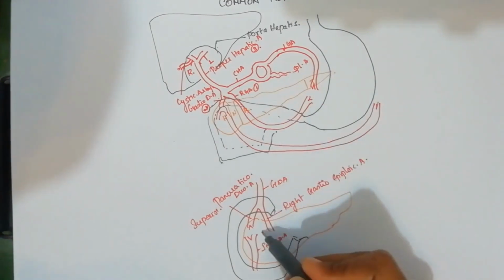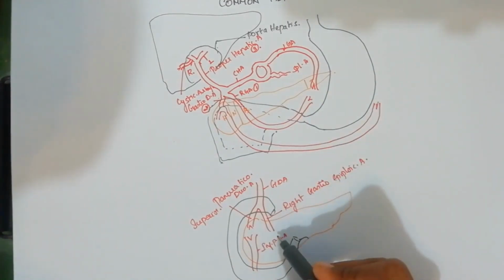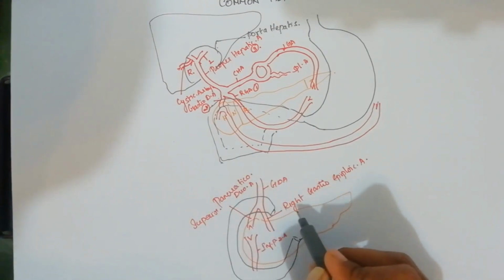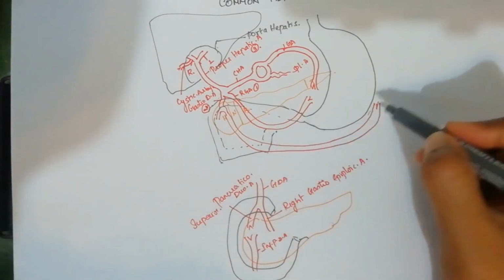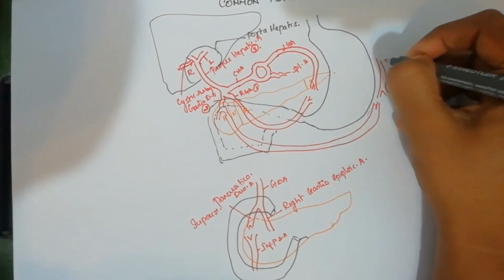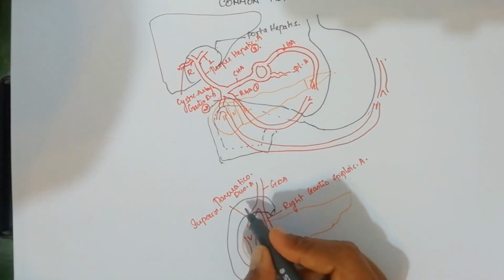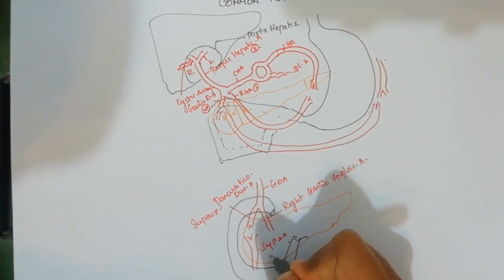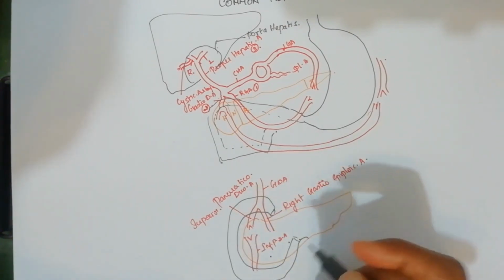And the gastroduodenal divides into two branches, gastroepiploic and superior pancreaticoduodenal. Right gastroepiploic anastomoses with left gastroepiploic, which is coming from the splenic artery. And then the superior pancreaticoduodenal anastomoses with the inferior pancreaticoduodenal, which is a branch of the superior mesenteric artery.